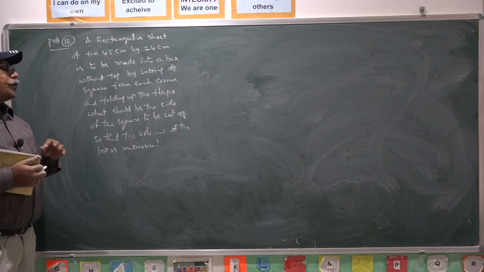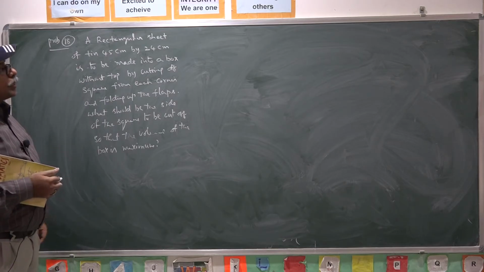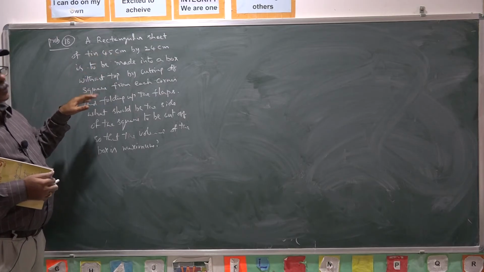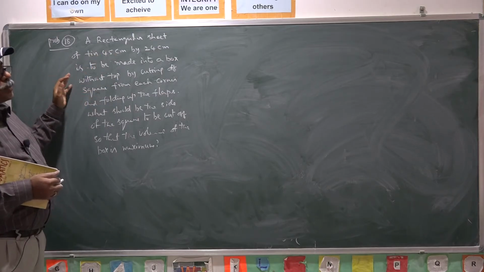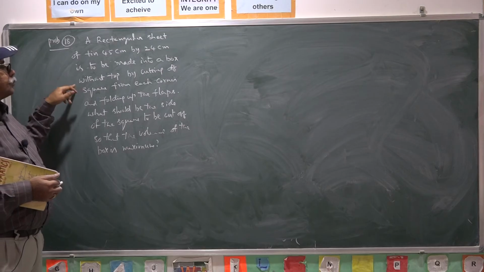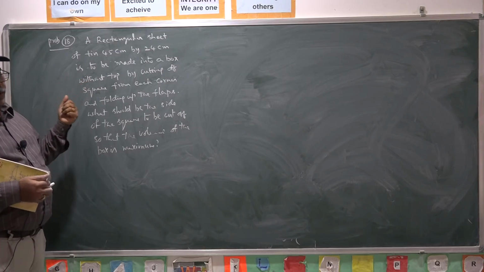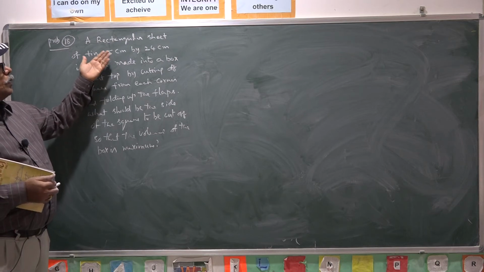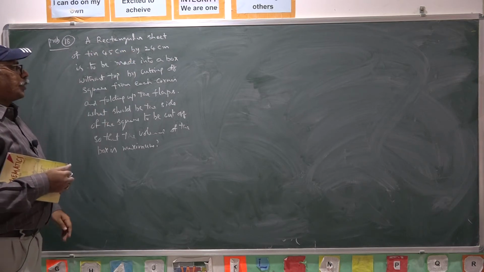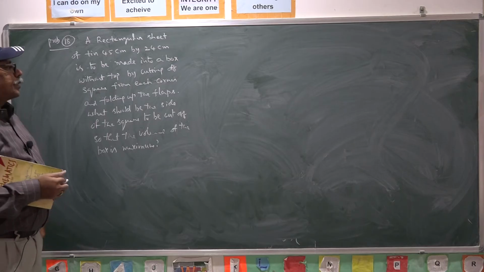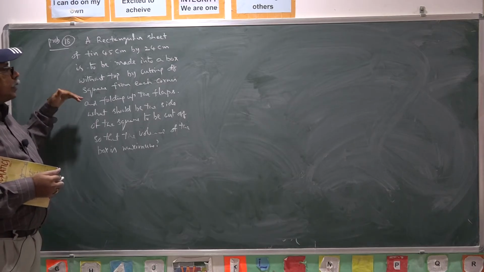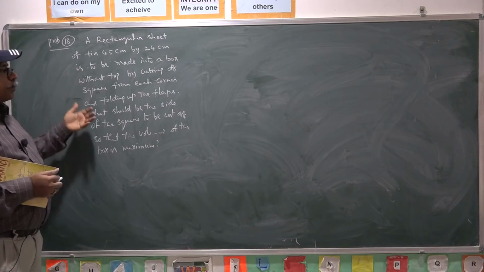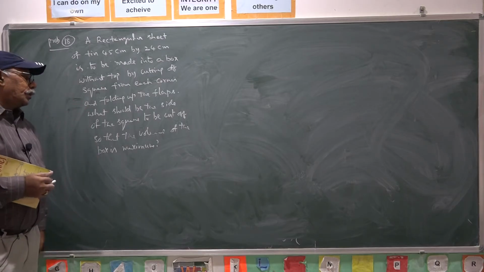So a rectangular sheet of tin, 45 centimeters and 24 centimeters, is to be made into a topless box. A box without top is made with the help of a rectangular sheet of tin with these dimensions, 45 centimeters by 24 centimeters, by cutting off squares from each corner and folding up the flaps.